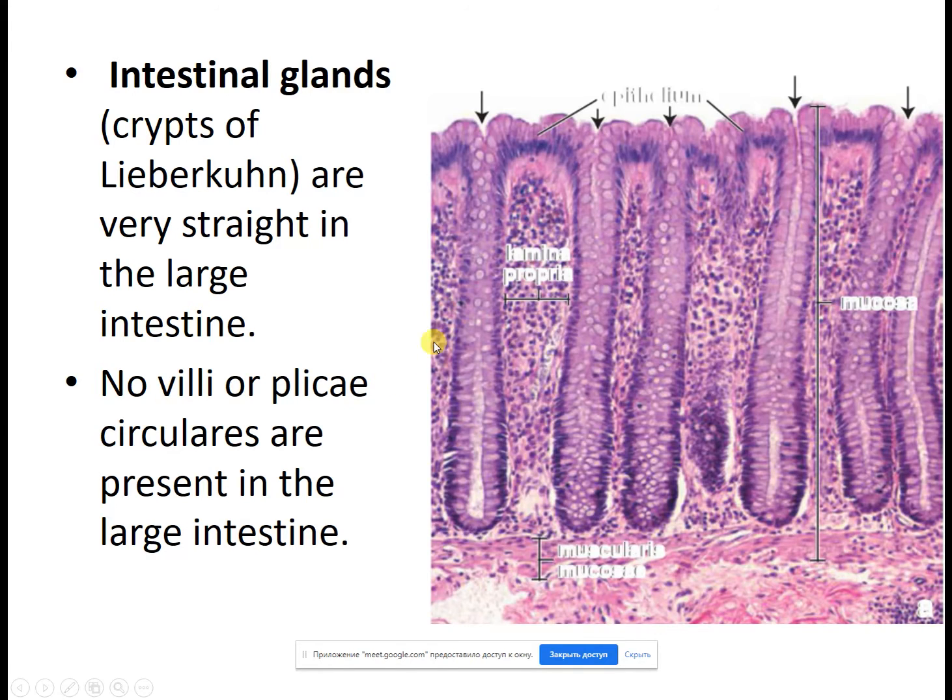For the same reason, we have microflora here, and microflora tries to kill us all the time. It tries to digest everything on the way, and that's why these immune cells try to save this epithelium from any aggressive bacteria which suddenly appear in the large intestine.